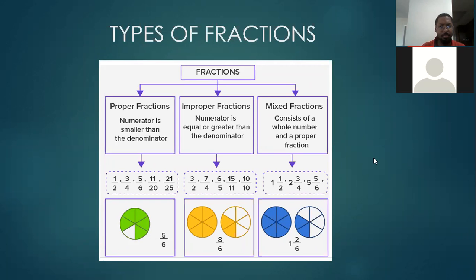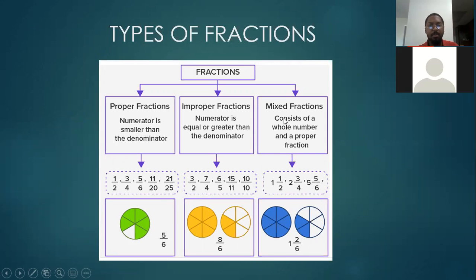Improper fractions: the number on top is bigger than the number on the bottom. So you see comparatively, I have a 3 over a 2. This number is bigger because the number on top is bigger. It's called an improper fraction.